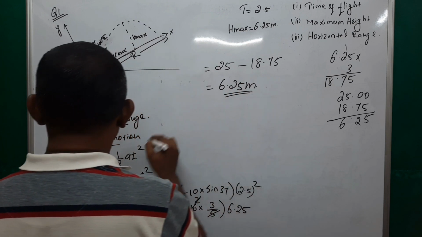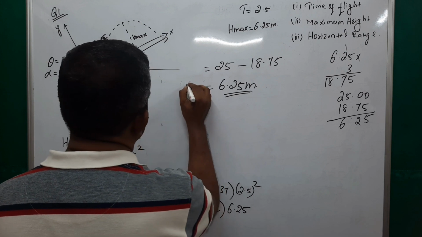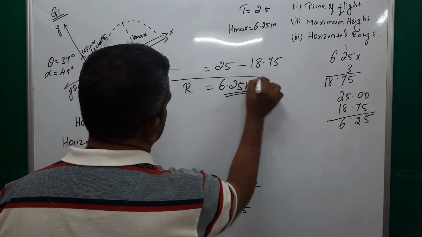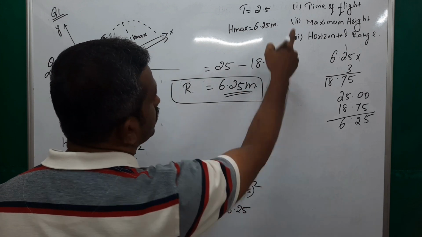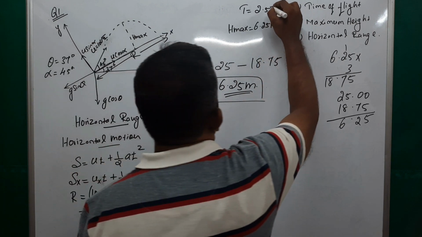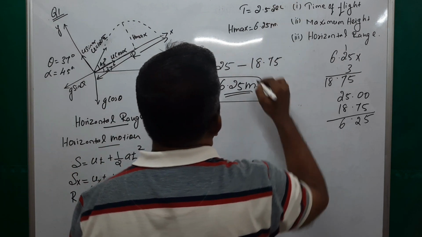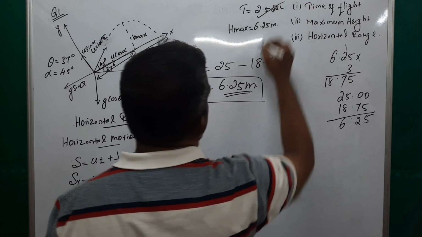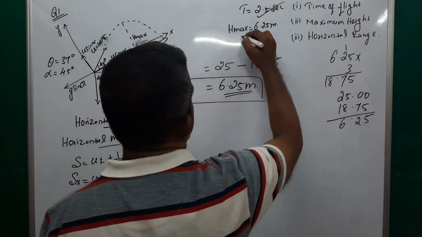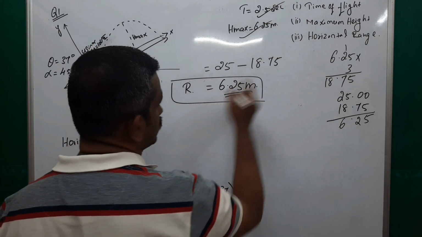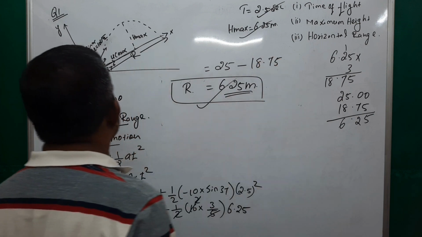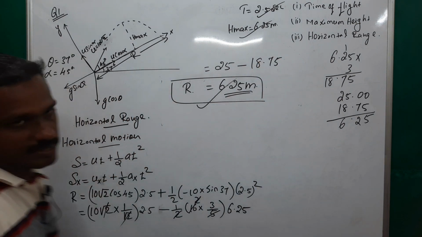That is the horizontal range, R. So we have to find the three values. Time of flight is 2.5 second. Maximum height h max is equal to 6.25 meter, and horizontal range R is equal to 6.25 meter.